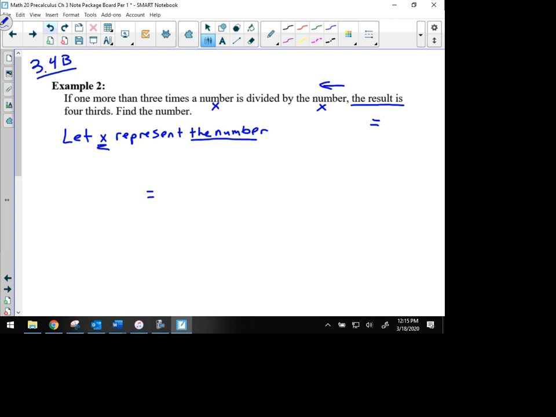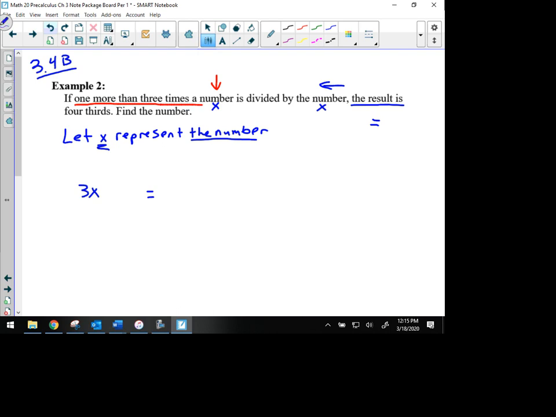If one more than 3 times x is divided by x. Let's look at the x right here. What's happening to that x? Well, it says that we're multiplying it by 3. 3 times x. So we know we have a 3x here. What else do we have? It says one more than 3 times a number.